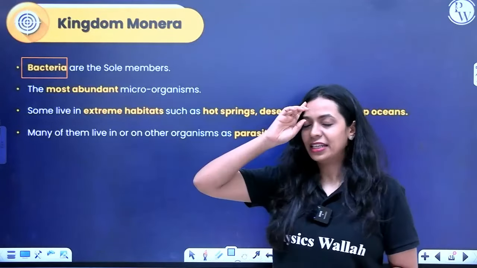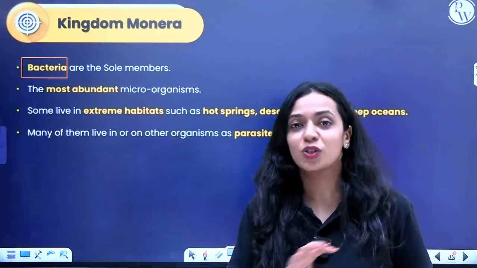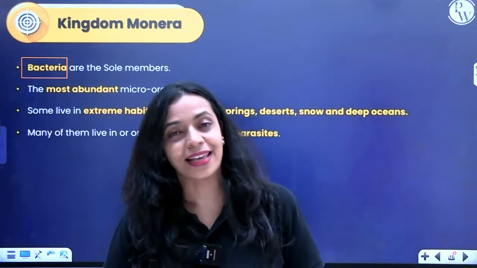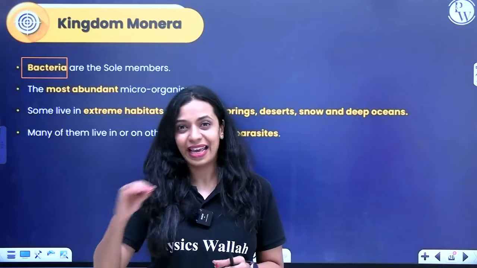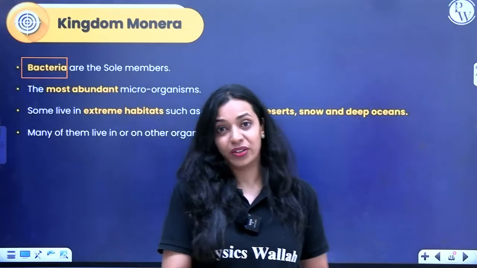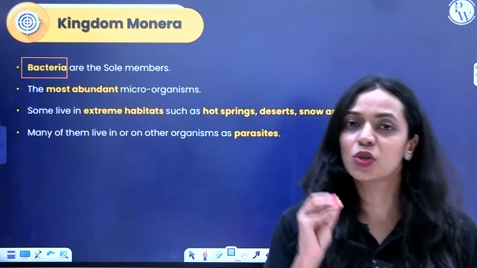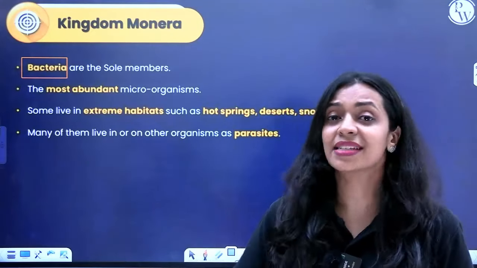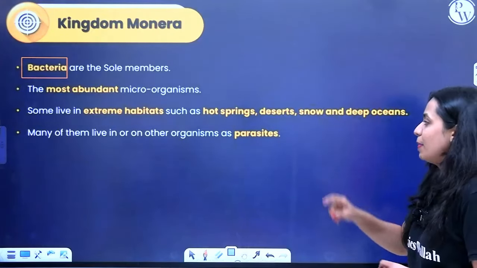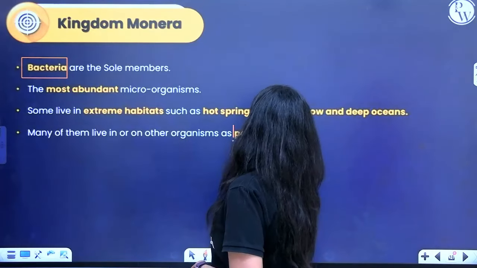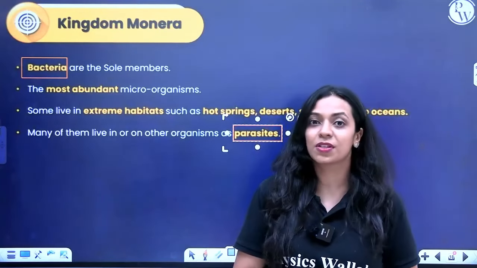Some of these bacteria are known to live in extreme habitats, such as extremely hot or extremely low temperatures, very acidic conditions, or places where there is no oxygen available. In all such extreme habitats, bacteria are known to function. Many of them live on or inside other organisms as parasites.